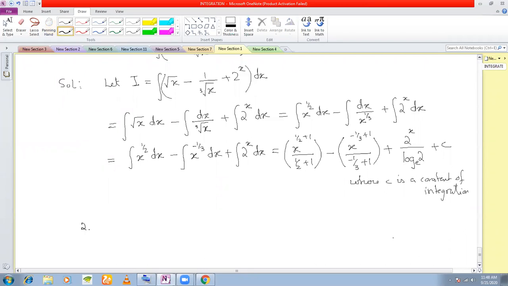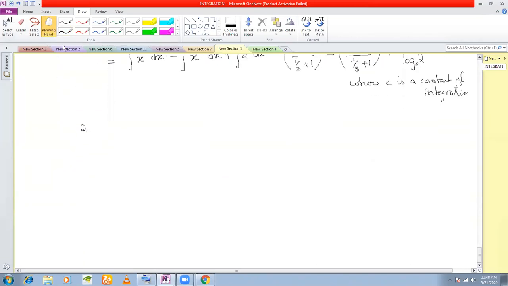Number 2. The question here is to evaluate the integration of 3 to the power of 2x minus 3e to the power of minus 3x plus 1 by 2x dx. These are just practice problems. How do you integrate this?